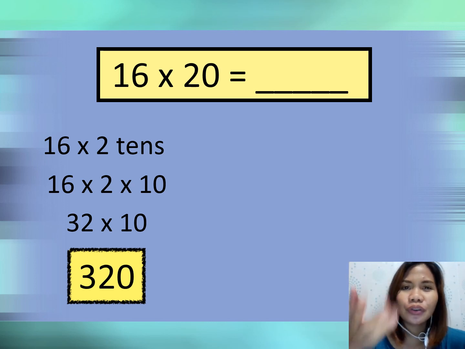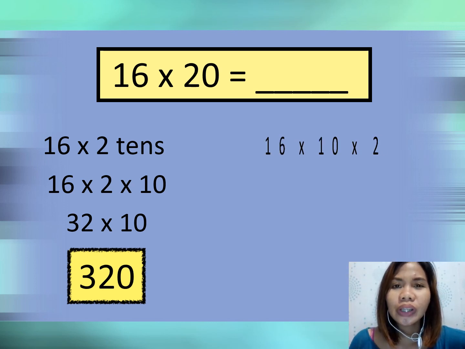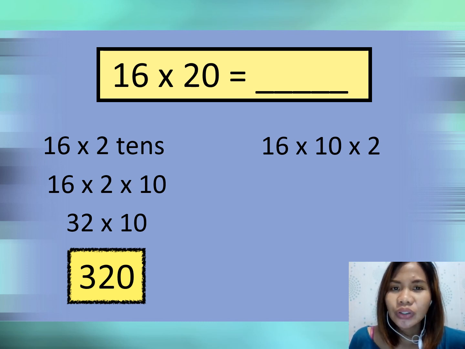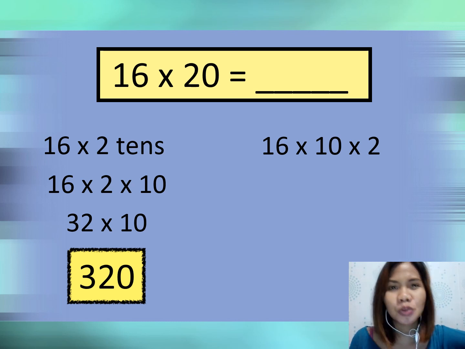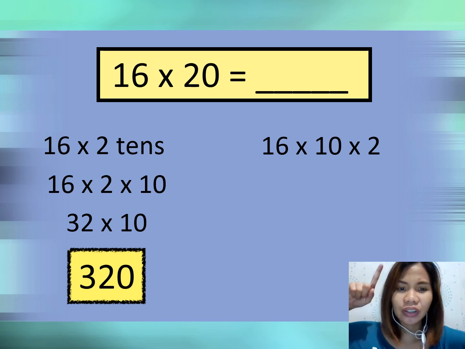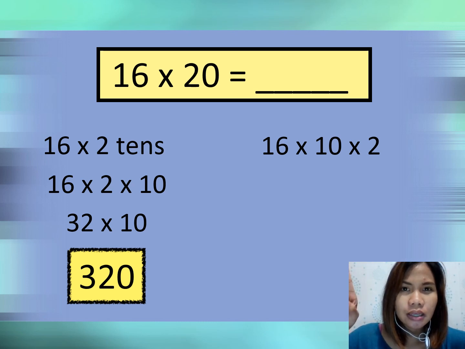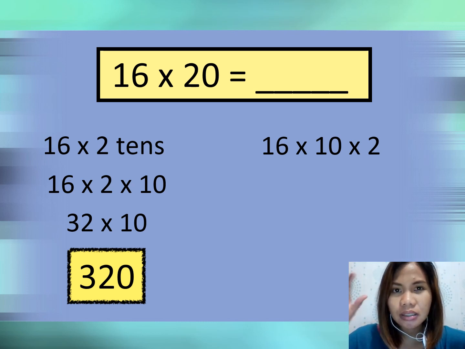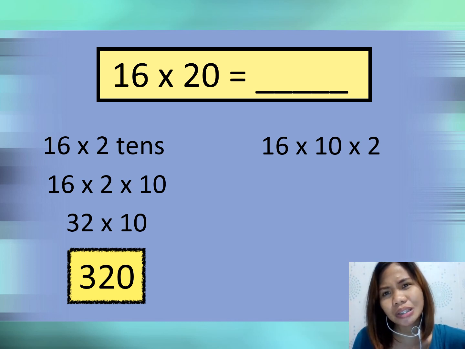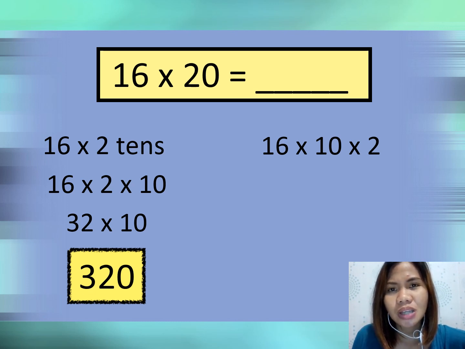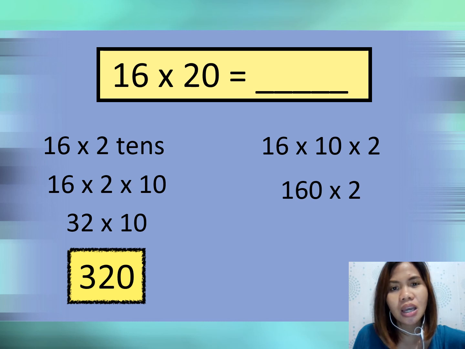Okay, and then here's another method. You can express 20 as 10 times 2. On the first method, we multiply 16 by 2 and by 10. This time, 16 times 10, the 10 comes first before the 2. So let's find out if we're going to get the same answer. 16 times 10 is 160.